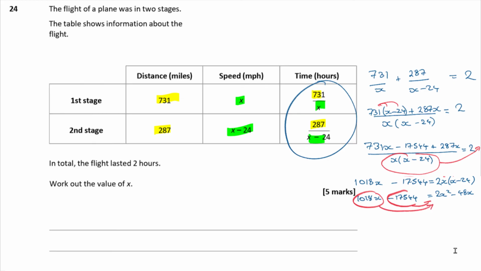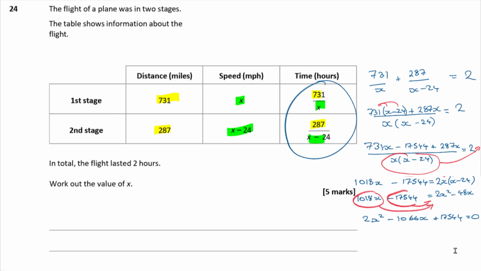So that's going to give me 2x squared, and then I've got minus 48x, and I'm going to be taking away another 1018x. So 48 and 1018 together make 1066. So that's going to be minus 1066x. And then I've got plus 17544, and that's all equal to 0.